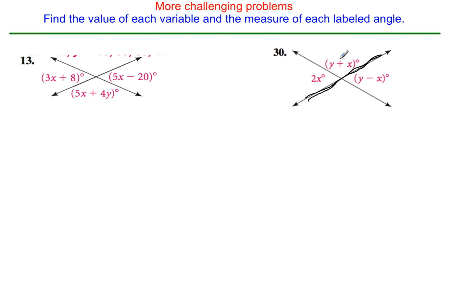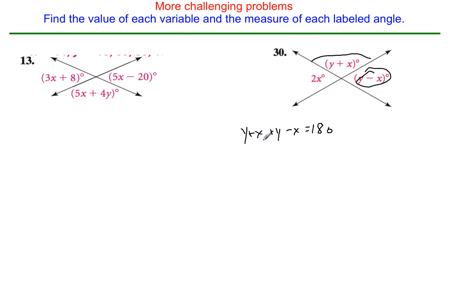But let's take a look at these two angles. In other words, let's take a look at y plus x and its supplement. I know that y plus x plus y minus x is equal to 180.